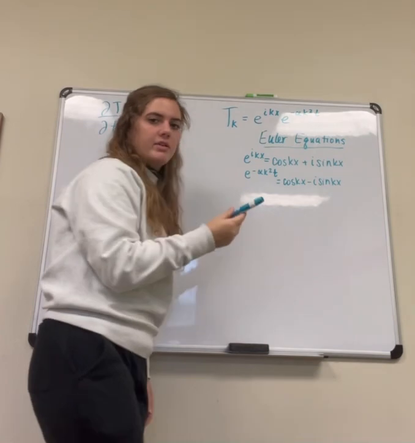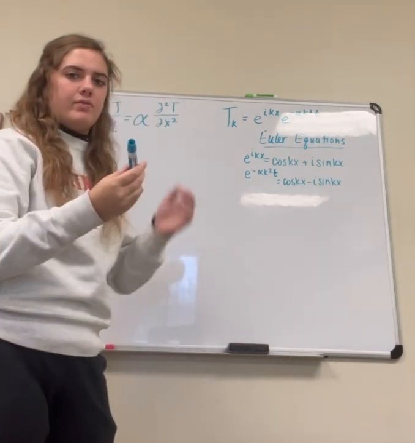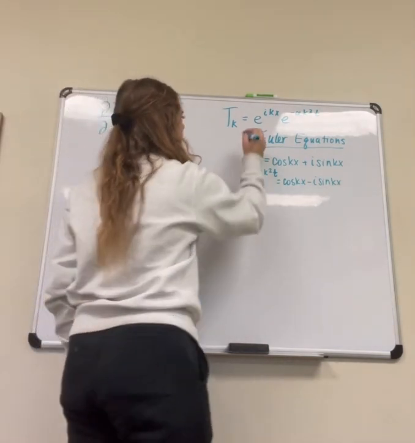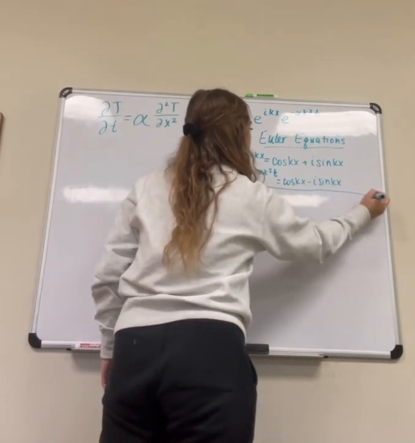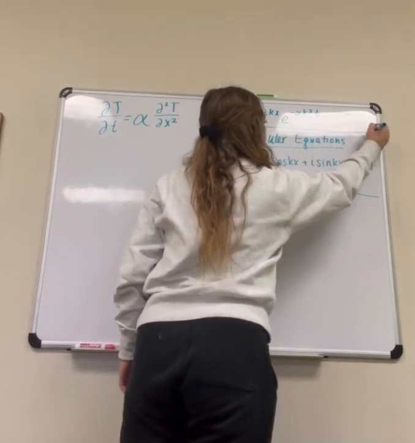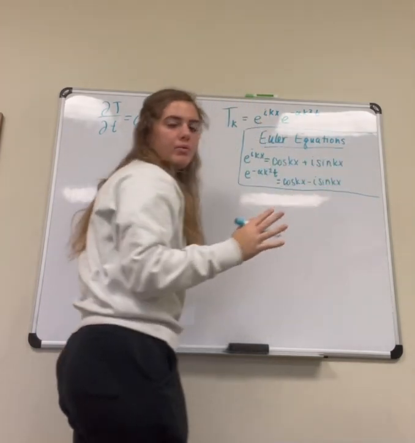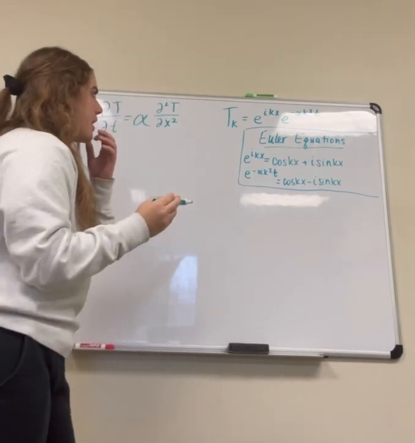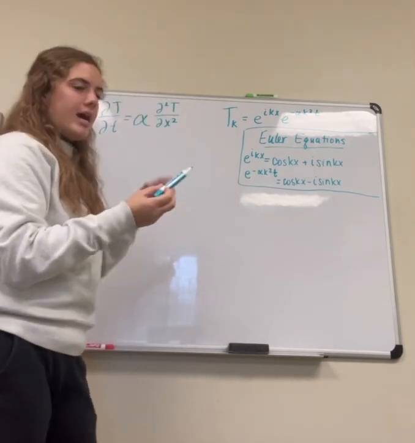And we have positive and negative here because of 2 different functions of sine and cosine. And so I'm just going to box that in over here. So we're reminded of them, but we're going to come back to them in a little bit. And so now we're going to take a look back at Tk.